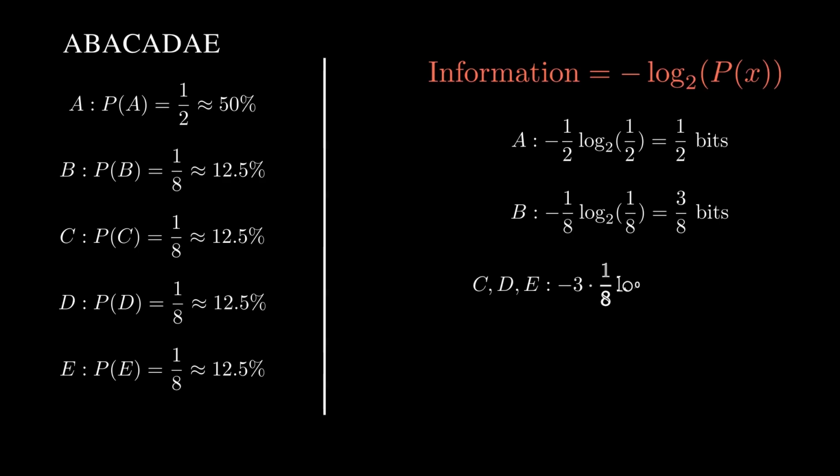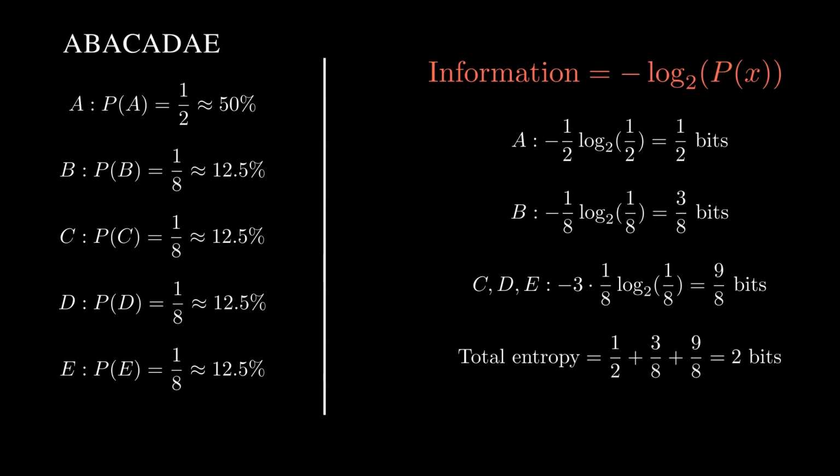And we repeat this for the other letters, summing up, which gives us 2 as a result. Meaning that on average we'd need to ask 2 questions to find out, which means 2 bits of information, because entropy is the minimum average number of questions we need to ask.